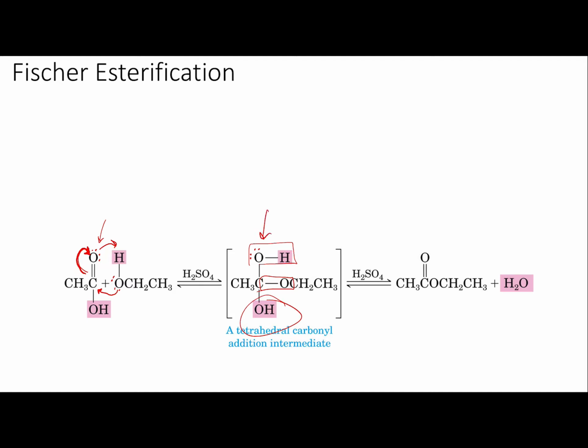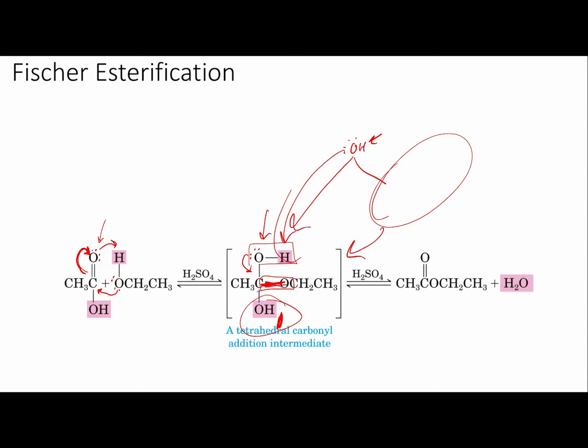Once this forms, the lone pairs come back down again, or actually a different molecule with its OH will probably, right, this is like another one of these, and this OH down here can reach out and grab that hydrogen so that it can leave as a water, because waters are good leaving groups, reforming the carbonyl.